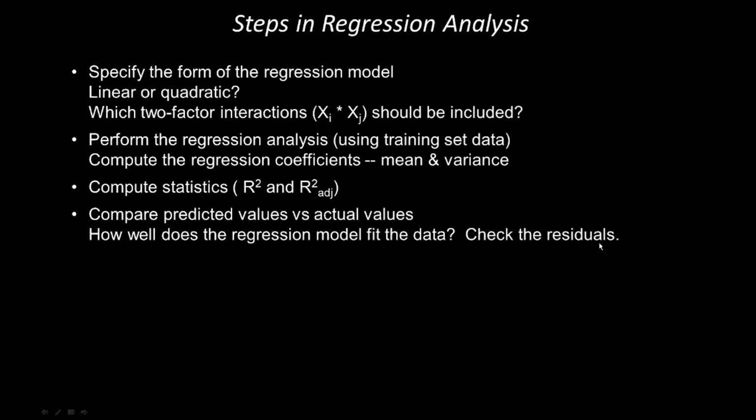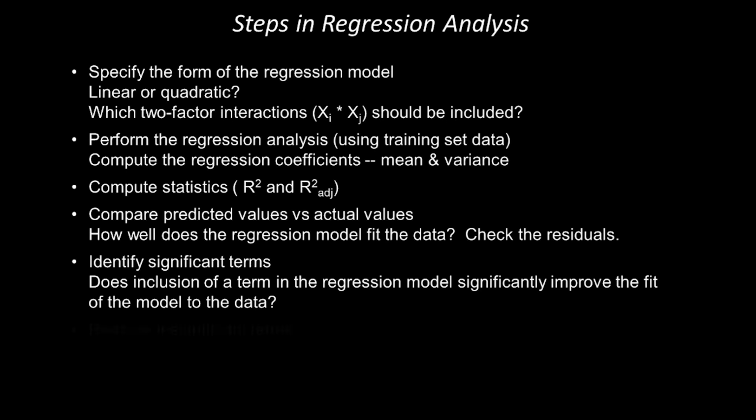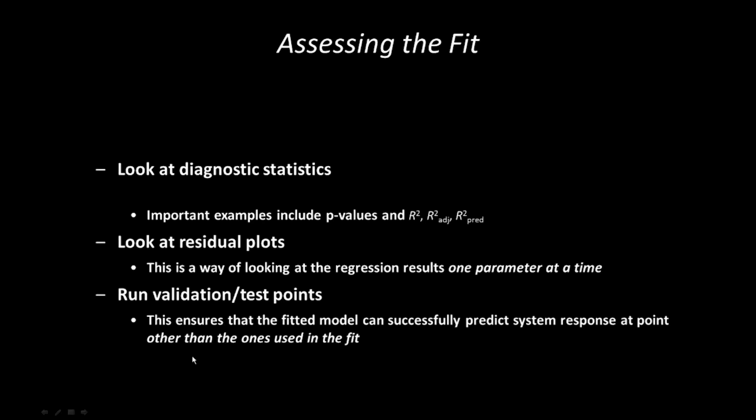Check the residuals. Residual is the error, y experiment minus y predicted, and see how they look. Identify the important descriptors. There may be some descriptors which may not be very important, and then we can remove those. We take only those which are important, and then again fit the data. Remove insignificant terms, then look at the final regression model. This is how we go about it.